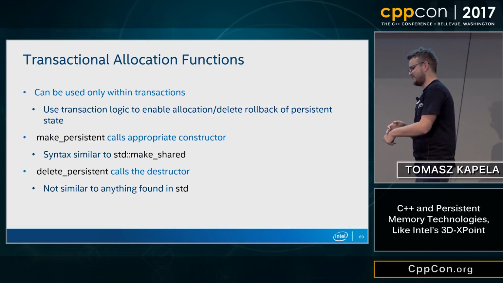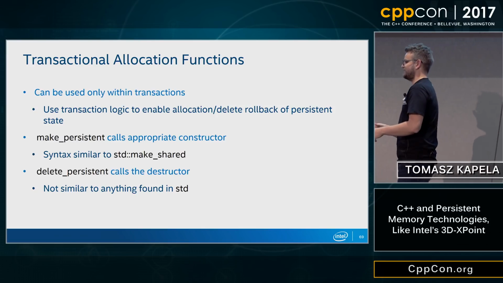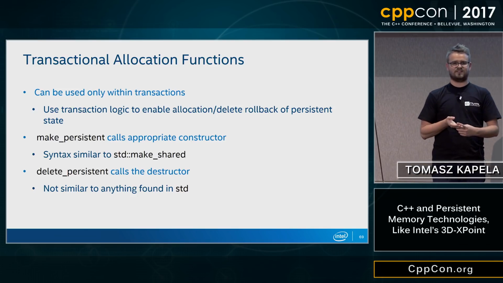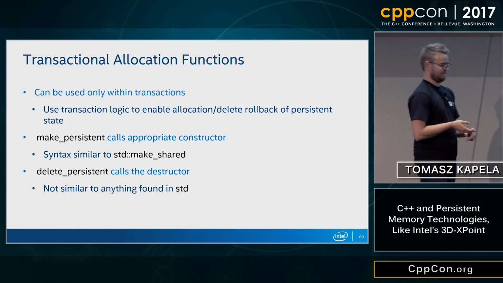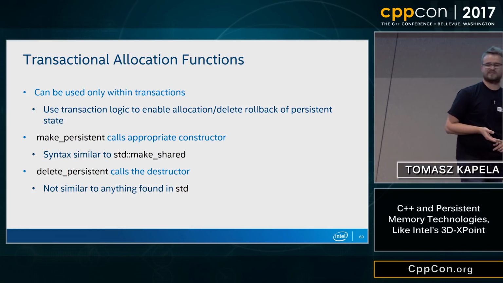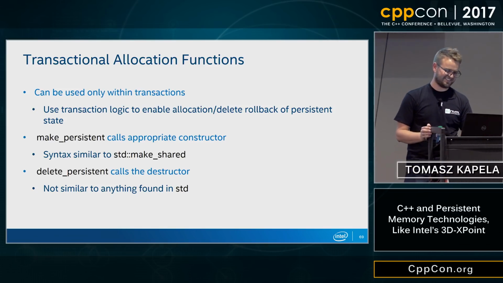Make persistent looks exactly like make shared. It does a little bit differently, but the delete persistent call that we have is actually not something I'm fond of, and it doesn't have a counterpart in the standard library, right? You don't have a delete shared. It would be nasty. Okay.